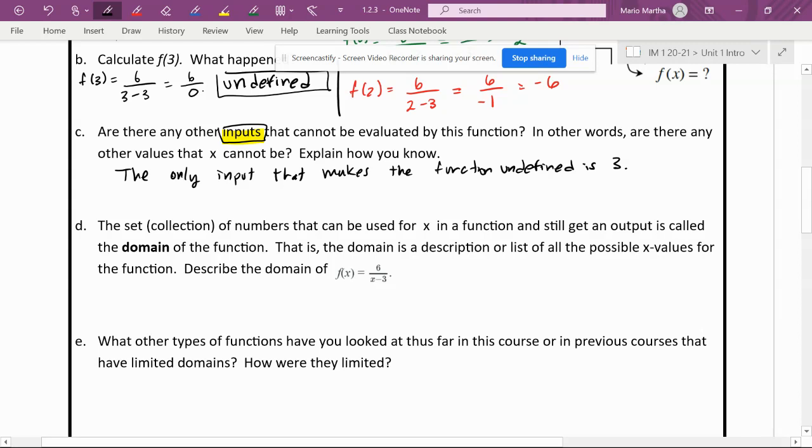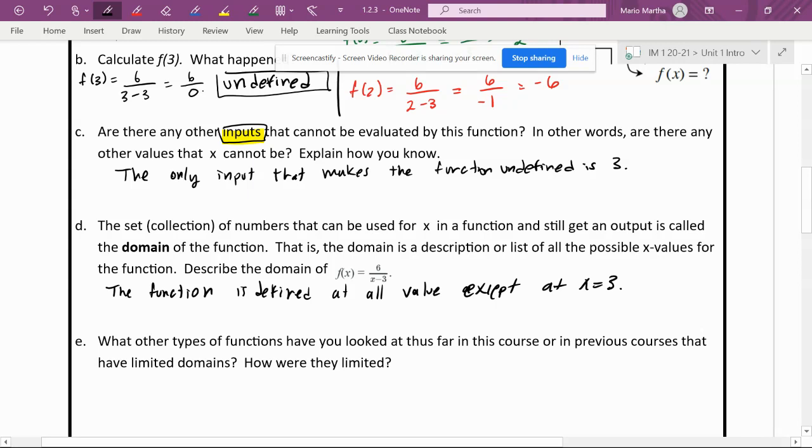The domain is where the function is defined. So we can say the function is defined across all values except at x equals 3.